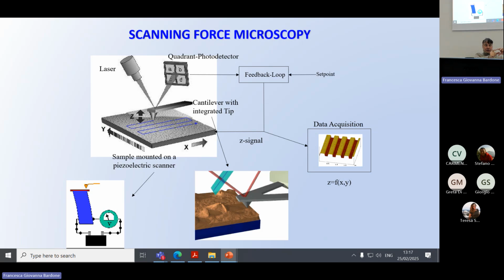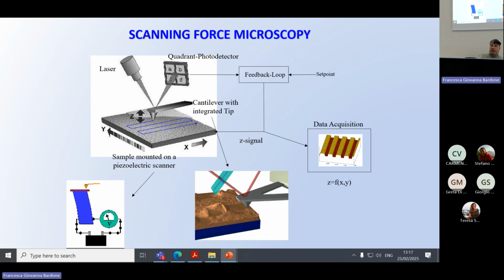So the laser produces a laser spot, the laser spot is reflected, and the image of the spot is completely in the middle of the four-quadrant photodetector. You know what a photodetector is? A photodetector is a detector which gives you a signal as a function of how many photons are arriving on it.